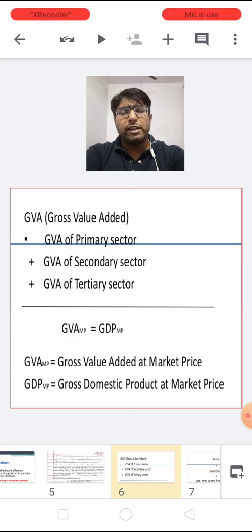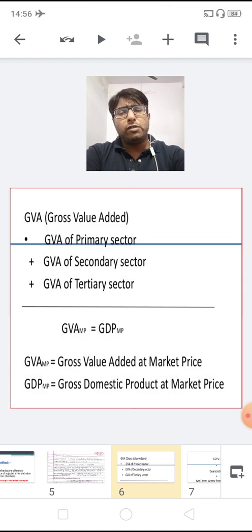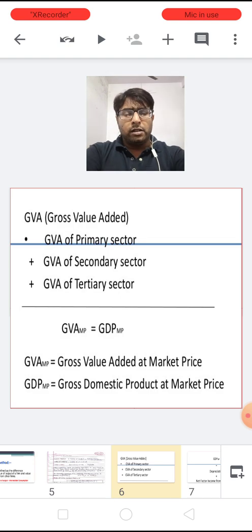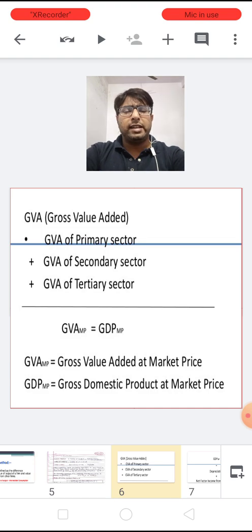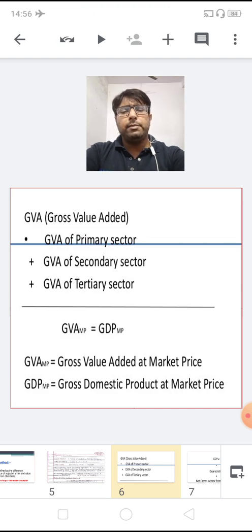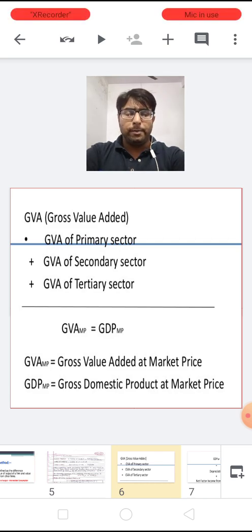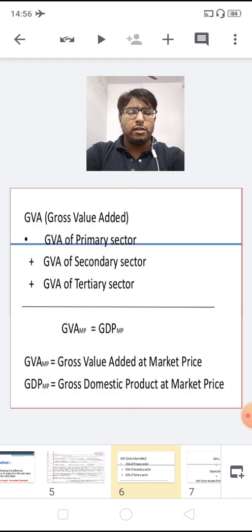I mean gross value added at market price, which we can also write as GDP-MP. Understood the various ways of writing these aggregates. GVA means gross value added, GVA of the primary sector, thereafter we add the secondary, and at last the tertiary sector. When we sum up all this gross value added, we get the value of GVAMP, and it also equals GDP-MP. The full form is written on this slide also.